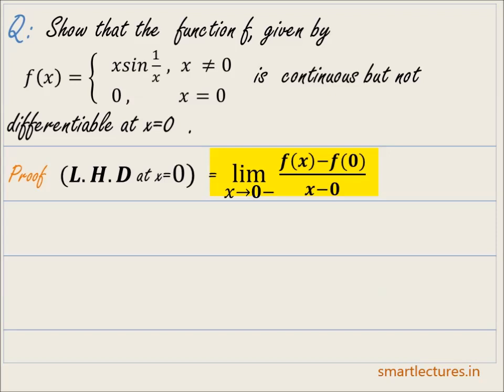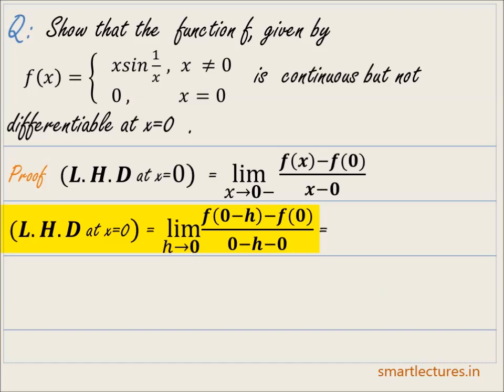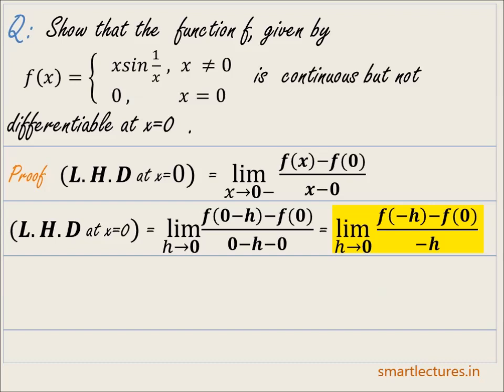So this left hand derivative can also be written as limit h approaches 0, f of 0 minus h minus f of 0 divided by 0 minus h minus 0, which can be further simplified as limit h approaches 0, f of minus h minus 0 upon minus h.